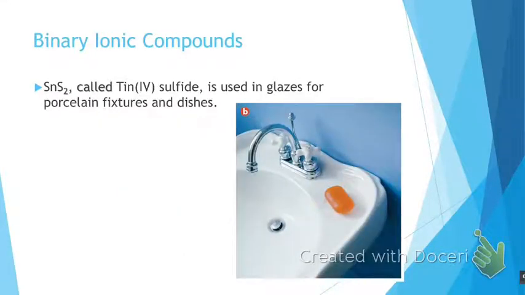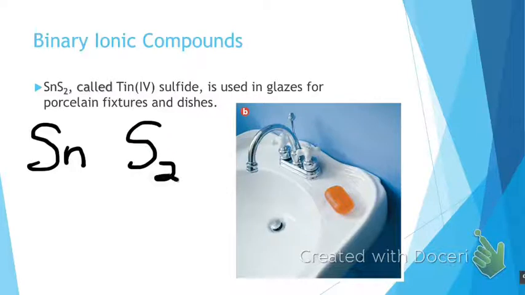If I look at SnS2, which is called tin 4 sulfide, this is used in a lot of our dishes and porcelain sinks. How do I know it was tin 4 sulfide, not tin 2 sulfide? Again, I have to do a bit of dissecting. If I take SnS2 apart, my charge on my sulfur is a -2.